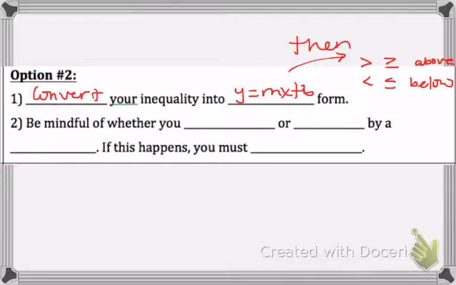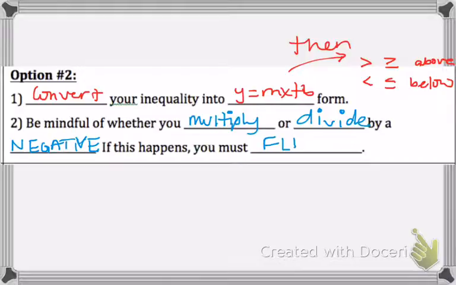Be mindful of whether you multiply or divide by a negative. Because if this happens, you must flip the inequality. We learned about this when we solved inequalities, but we easily forget. And that's where students end up making mistakes, because if you forget to flip, then you shade the wrong side and your answer is wrong.